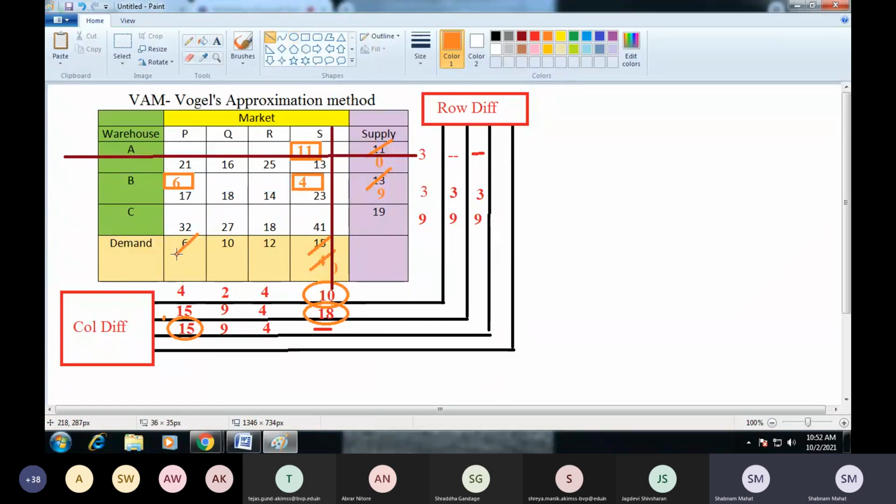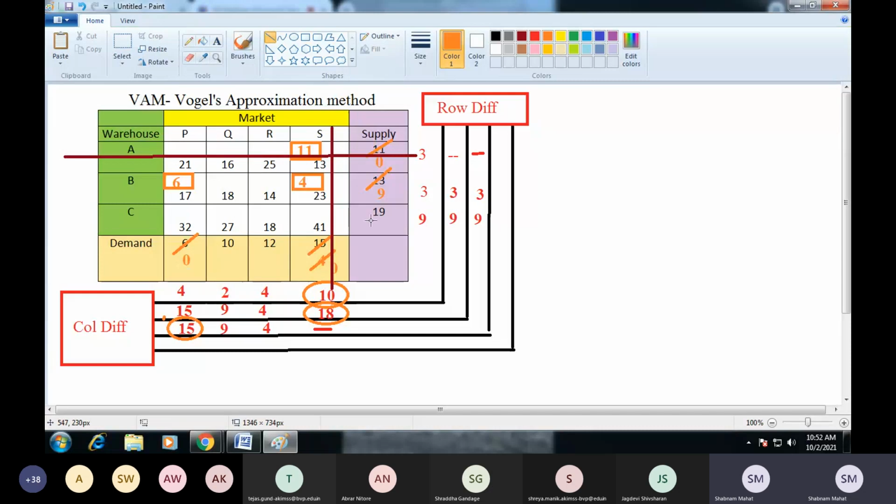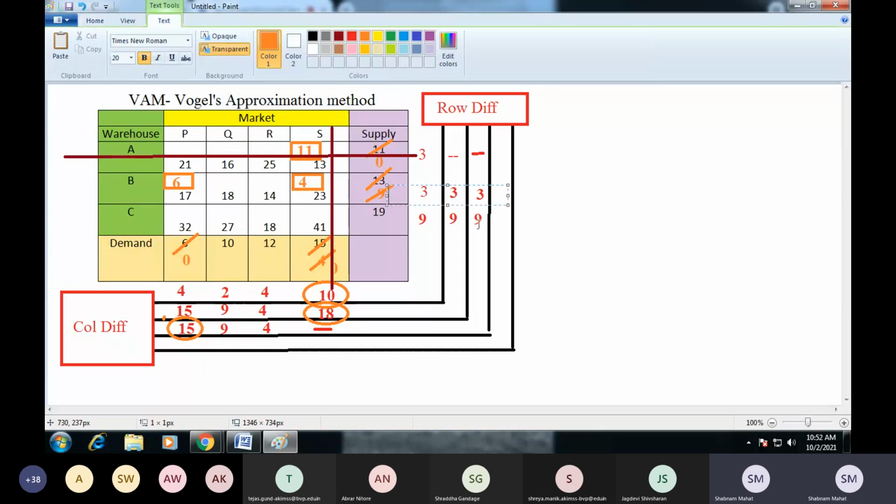Because I fulfill the total demand for my market P. Now from where do I provide the 6 units? From warehouse B. Actually, warehouse B contains 9 items, but out of those 9, if I supply 6 units, the remaining unit for warehouse B is now 3.